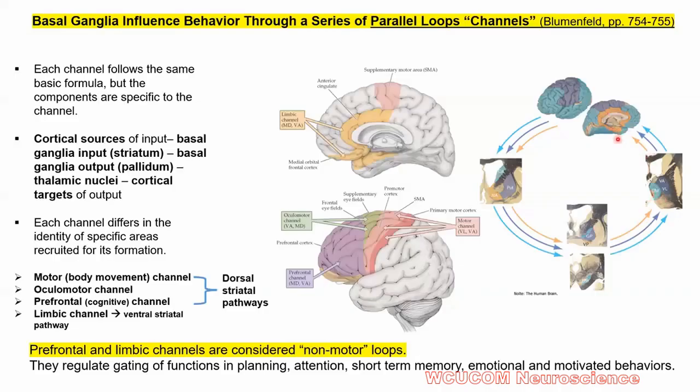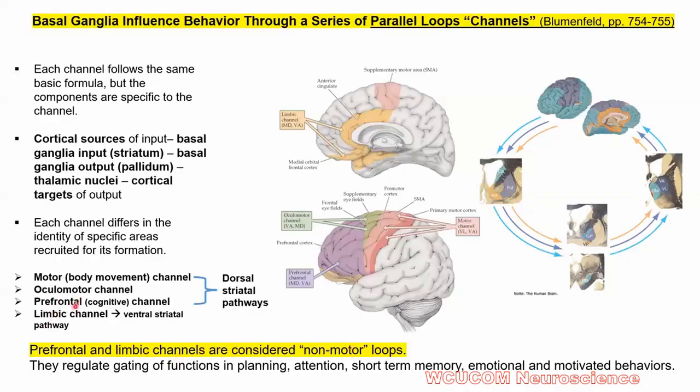Please recognize that the first three are dorsal striatal patterns and pathways because of their localization, but the last two, prefrontal and the limbic channels, functionally are the non-motor loops. Why is that?